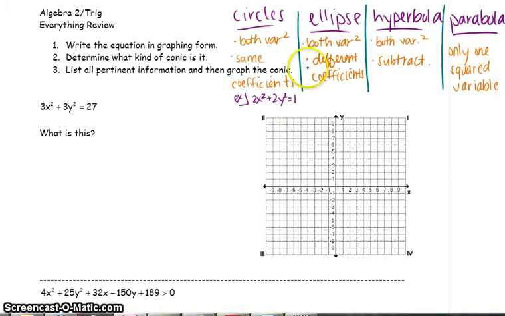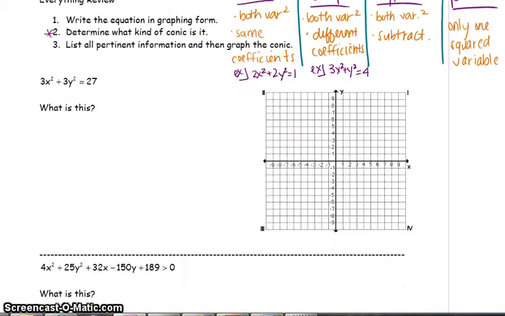For an ellipse, it would be 3x squared plus y squared equals 4. Notice how the coefficients are different. Then that's an ellipse. So that's a little cheat sheet to help us determine what kind of conic it is. Another way to do that is to write it in graphing form and then look at the standard form and go from there.